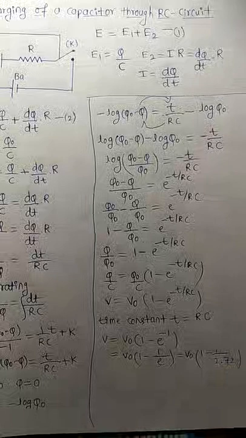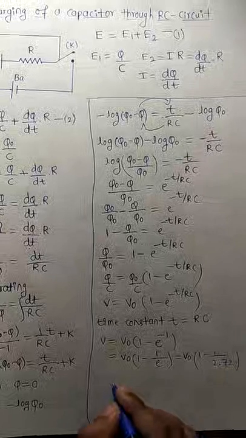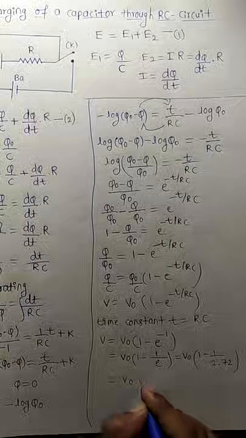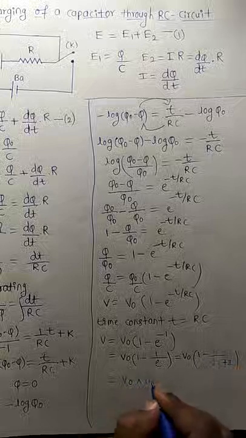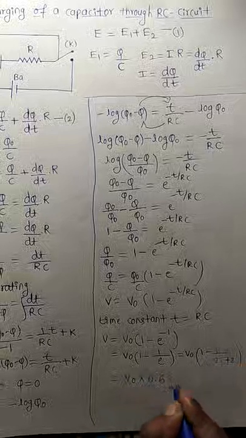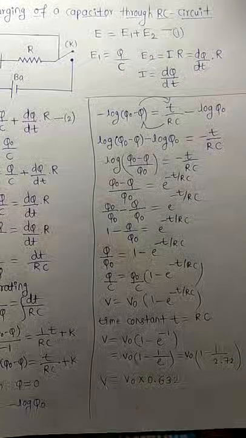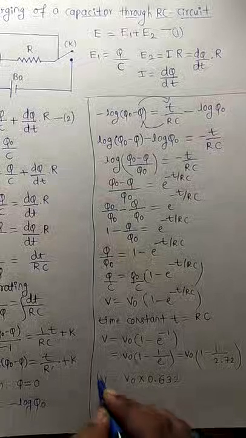So I substituted, and if you make this calculation, you are getting 0.632. So phi is equal to 0.63 into phi naught, or phi naught into 0.632.